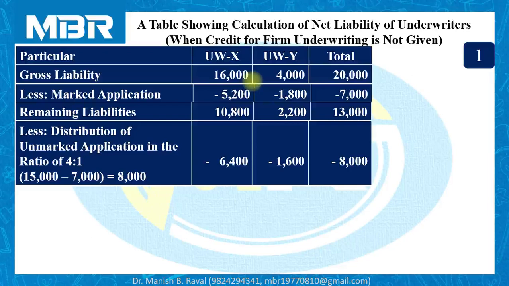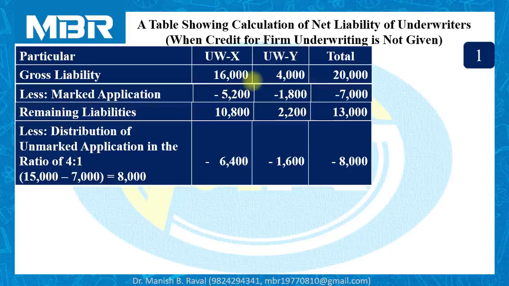So the total number of unmarked applications is 8,000. These unmarked applications are distributed among underwriters X and Y in the ratio of their gross liability. And the ratio of their gross liability is 4 is to 1, very simple: 16,000 is to 4,000. So the underwriting ratio is 4 is to 1.